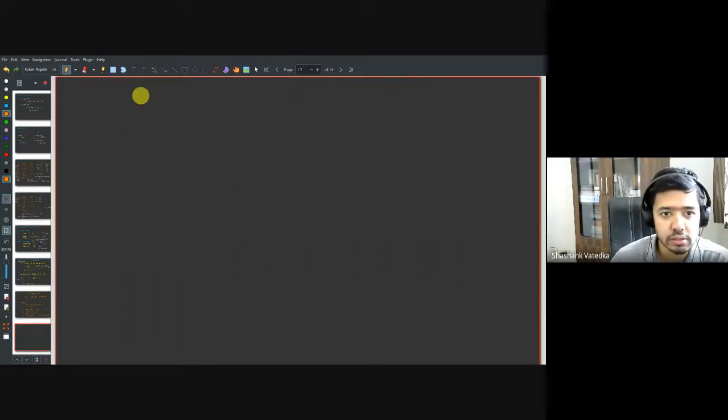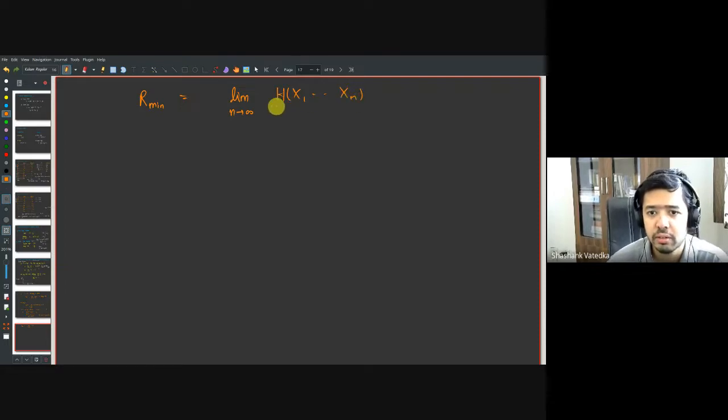So let's look at this. R min is equal to the limit as n tends to infinity of h of xn, which is basically h of x1, x2 up to xn, divided by n. This is the entropy rate for any stationary and ergodic sequence of random variables.